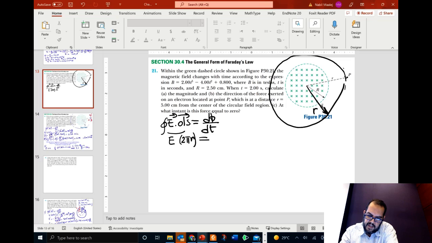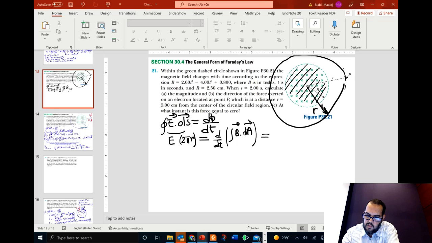Now the flux is the derivative with respect to time of the integral of B dA. Here the area is not changing. The area is the area of this whole region, because that's where we have the magnetic field, so this is pi R squared, and we have the derivative of the magnetic field with respect to time.